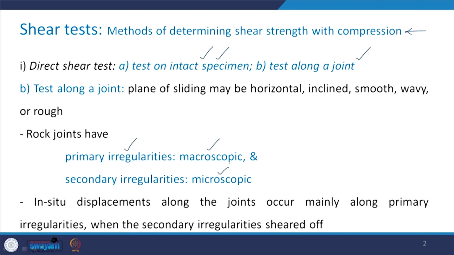In situ displacements occur along the joint, mainly along the primary irregularities, while the secondary irregularities get sheared off during the process of testing.